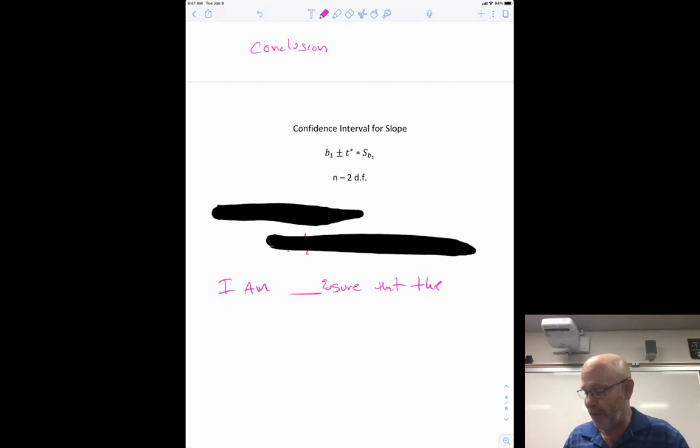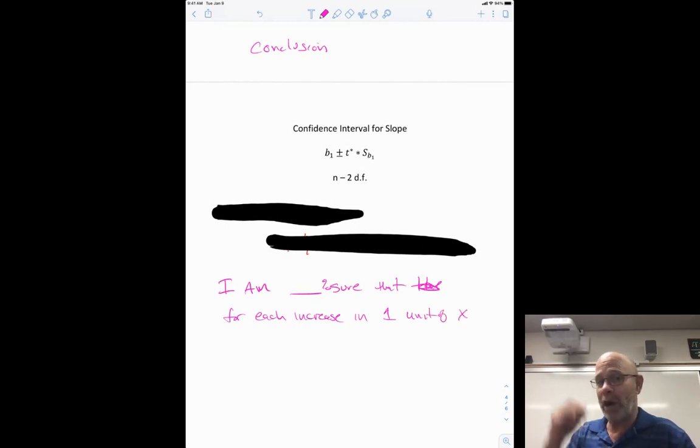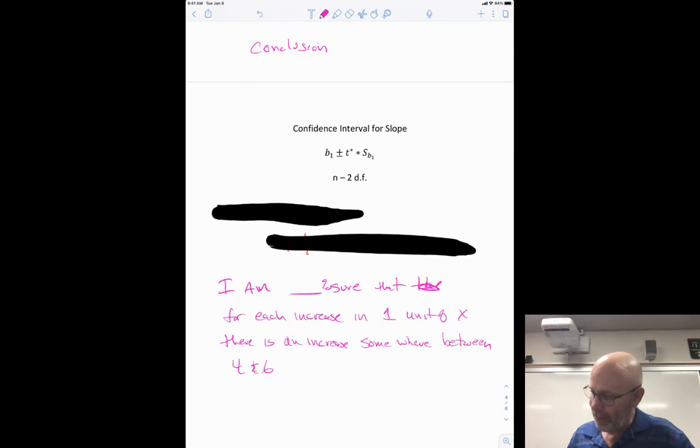So you would say, I am 95% sure that for each increase of 1 unit of x, so we're thinking slope now, y over x, there is an increase, or decrease if it's negative, somewhere between, in this case, 4 and 6 units in y.